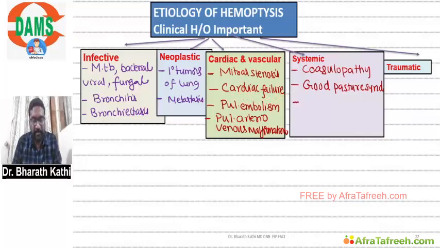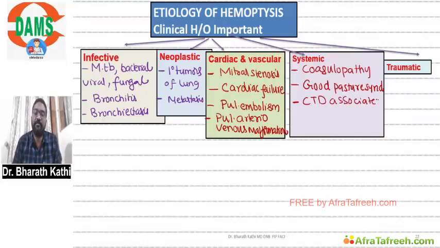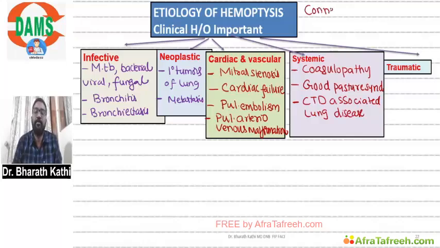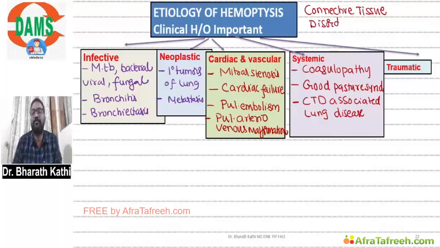Apart from that, hemoptysis can be a feature of CTD associated lung disease. So what is CTD? It is connective tissue disorder. These connective tissue disorders, such as rheumatoid arthritis, scleroderma, SLE.